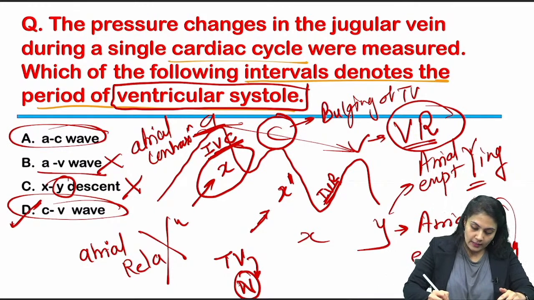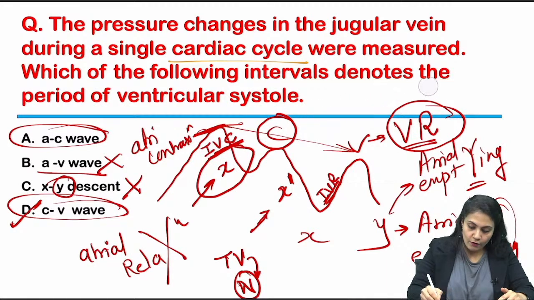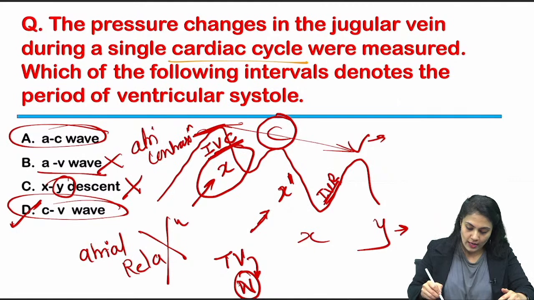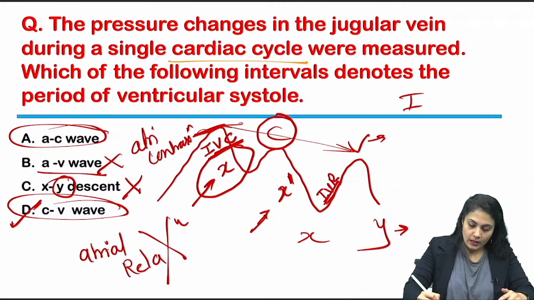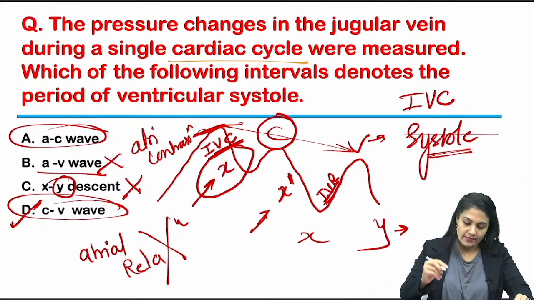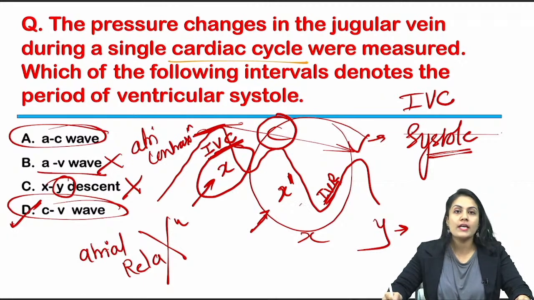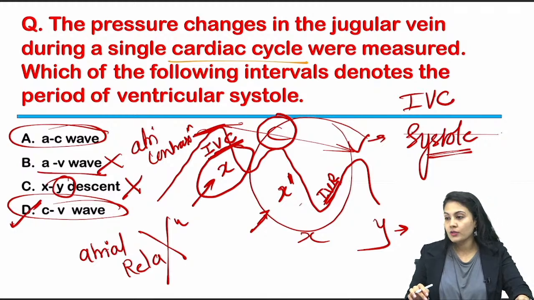Because the ventricular systole, that means I have to check for the proper systole and not for the isovolumetric contraction. Ventricular systole proper means whenever the ejection is taking place, and that is taking place in this phase, right? In this phase, the atria is completely relaxing. So that's why I'm going to go with the option D.